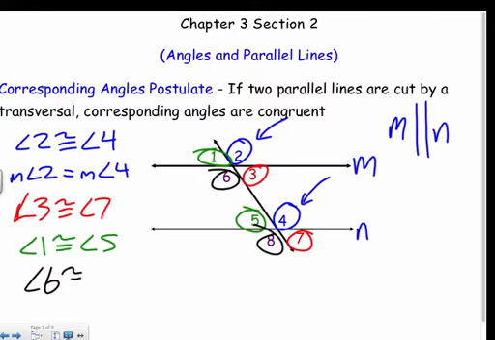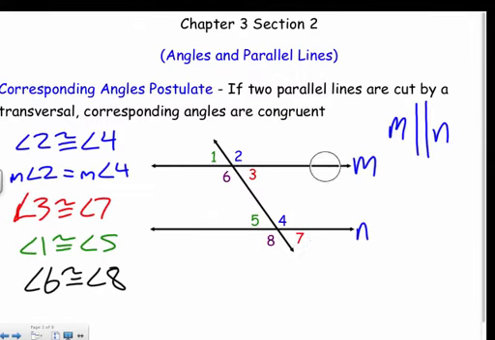They look like they should all be congruent, the ones that I wrote up. We call those corresponding angles because they correspond. They're in the same spots. Just like I said, 2 and 4 are both in the top right. They correspond, and that makes them congruent. So if I ever state in a proof that I have lines that are parallel, I can state that the following angles are congruent because they're corresponding angles, according to the corresponding angles postulate.